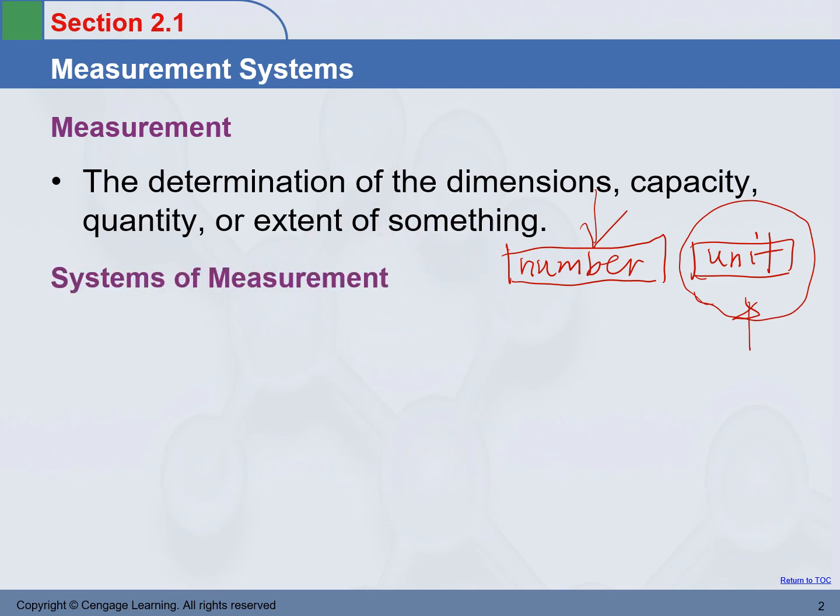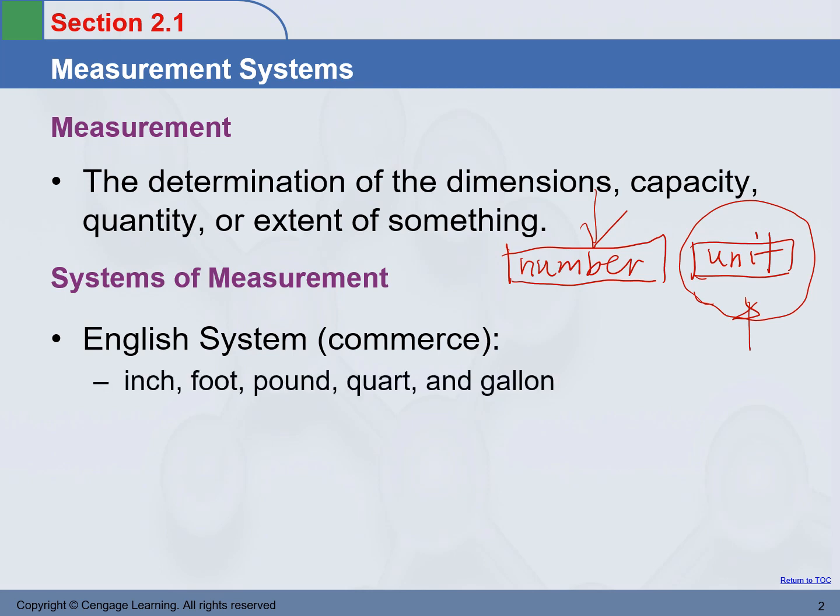Talking about the unit, there are two different systems that are encountered in our daily life. The first one is the English system: inch, foot, pounds. Okay, and this is what we see all the time in our life.